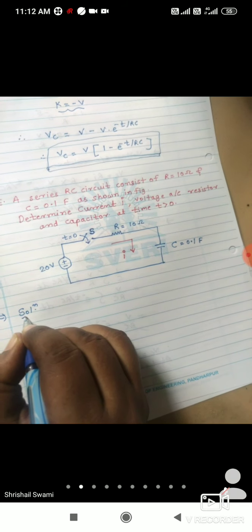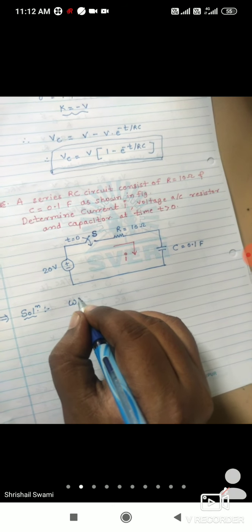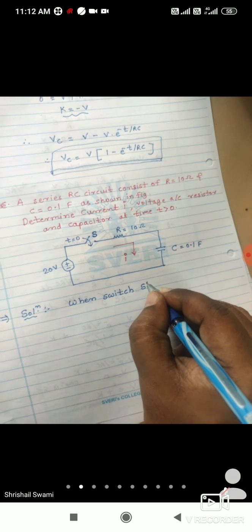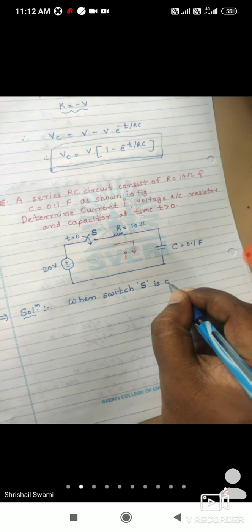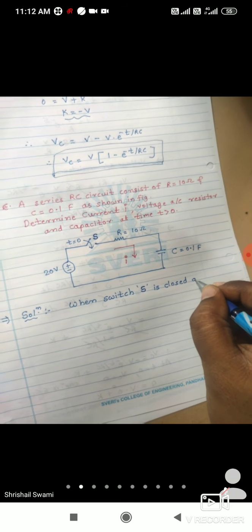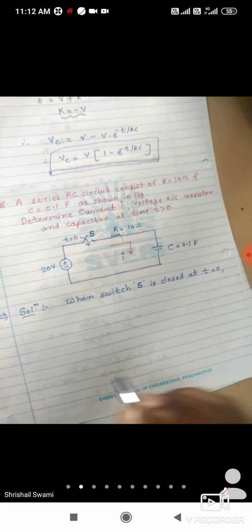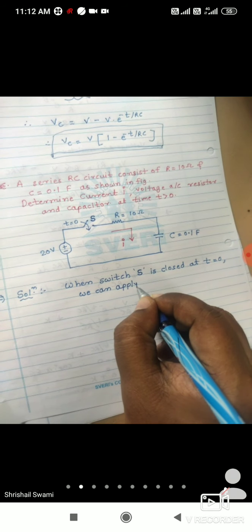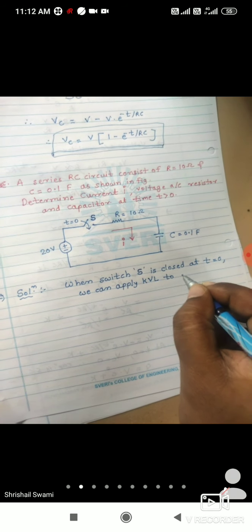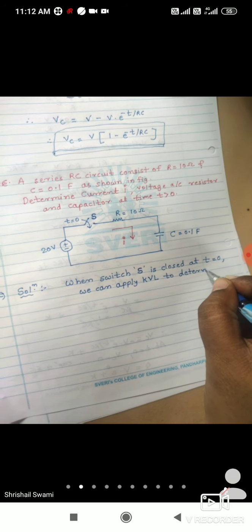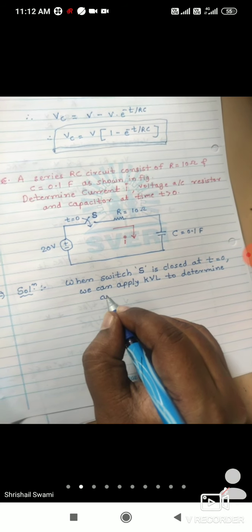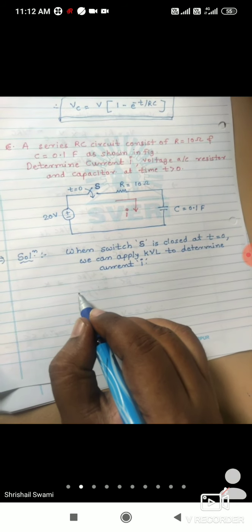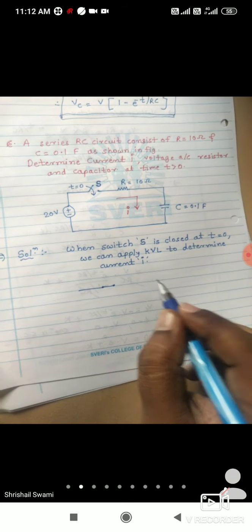Solution: when switch S is closed at t equal to 0, we can apply KVL to determine current I. So once again you can show that the switch is closed here.